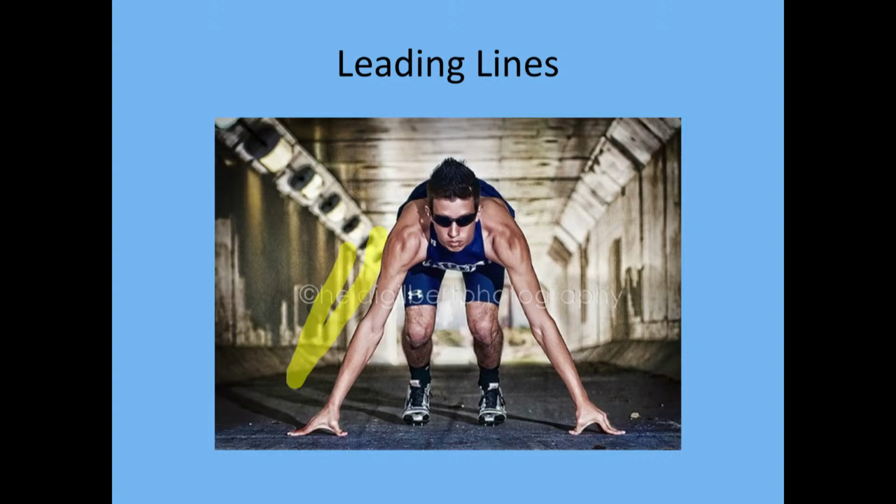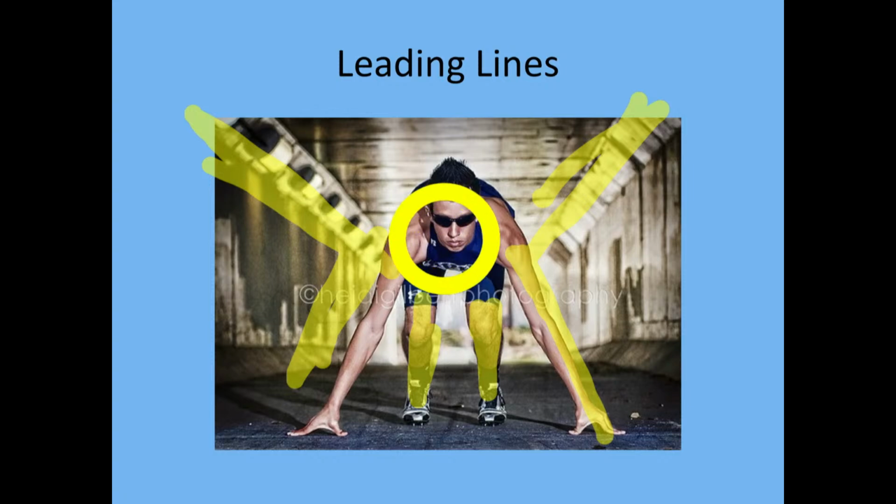So you've got the arm right here. You've got this line up here, right? You've got his legs right here and right here. You've got another arm right there. You've got another line over here, right? All of this is drawing you to a centered area on the screen, which is like right here.